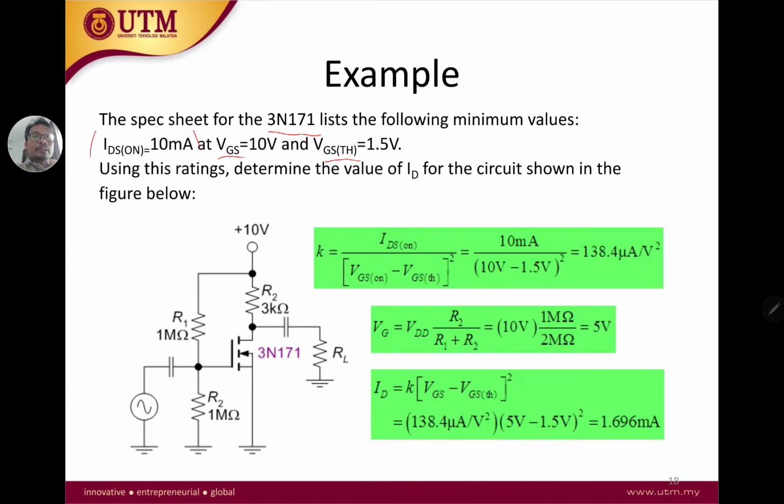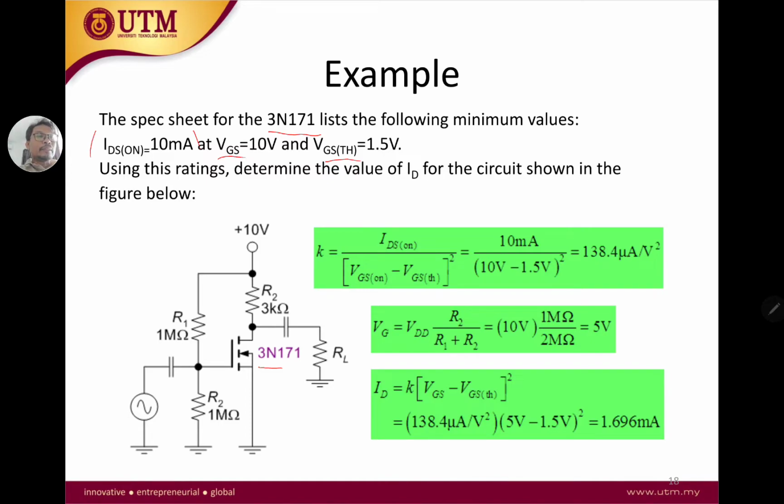The data sheet gives only the spec for the 3N171. We have some resistors: R1, R2, R3, and RL. Can we calculate our drain current and our VGS at the operating point?